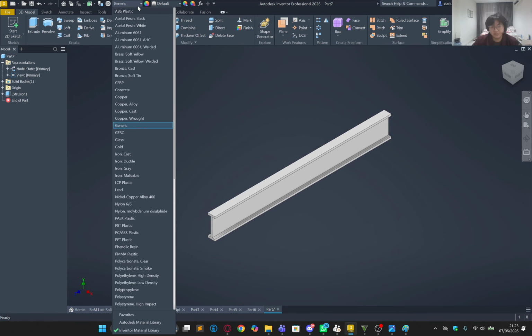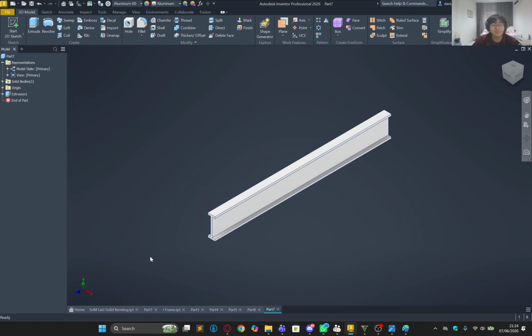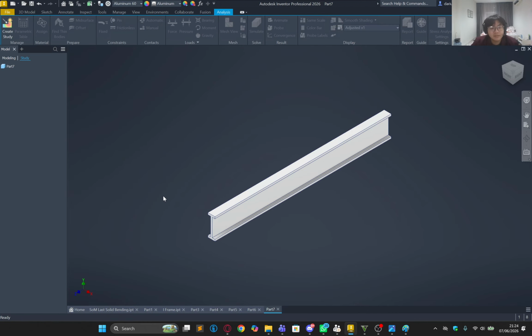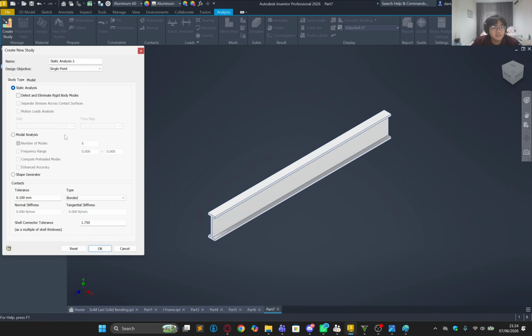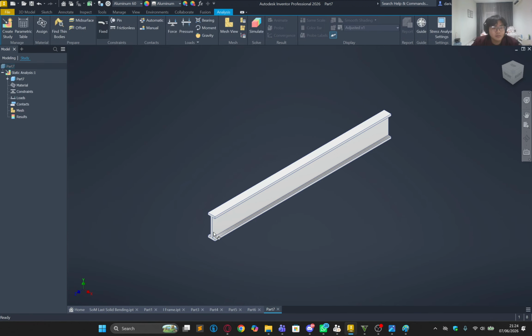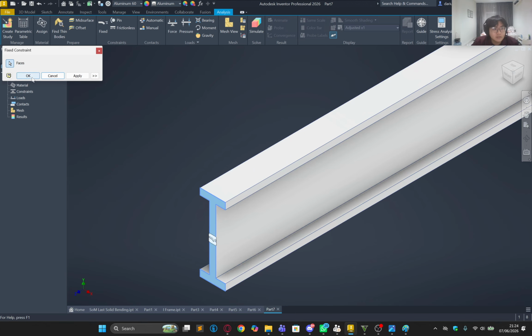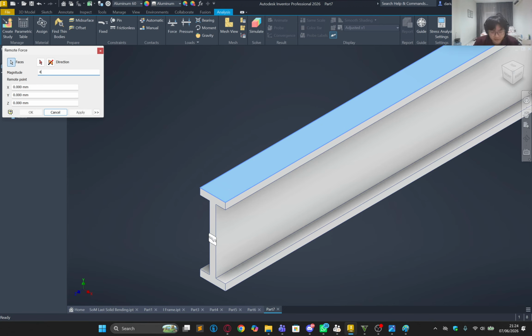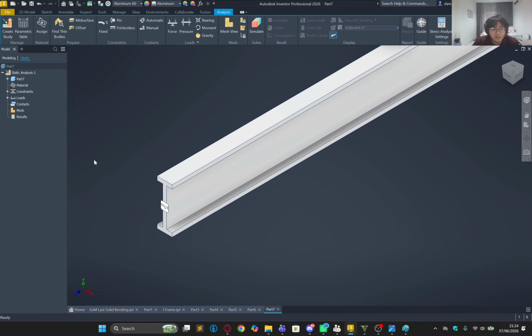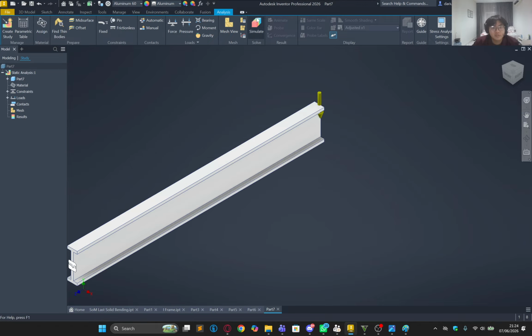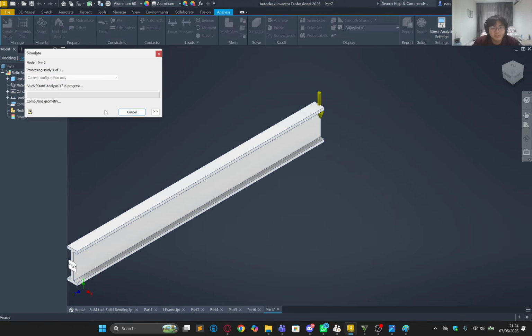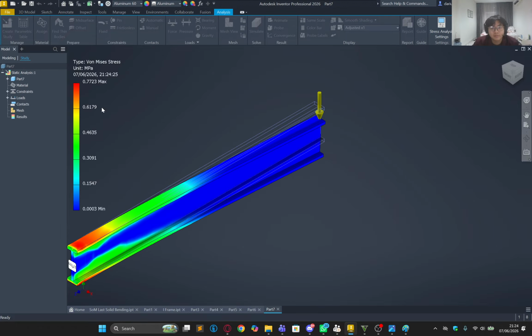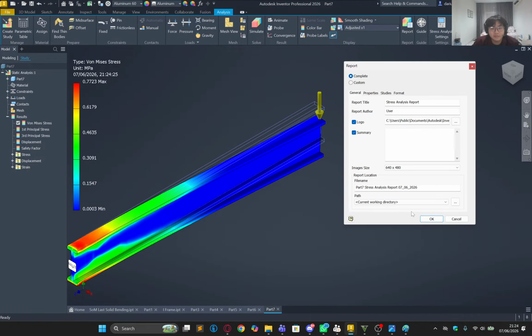Let's pick the same one so we don't confuse ourselves. Make sure it's the same. When we begin stress analysis, create a study. Press OK. Fixtures on this end. Force, 40 newtons. Yes. You have to offset this, since we use that method. We simulate this. We can report.